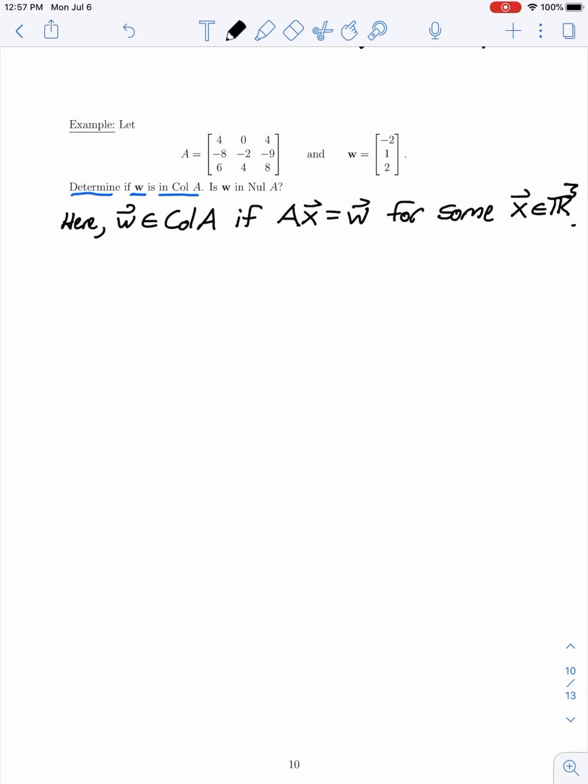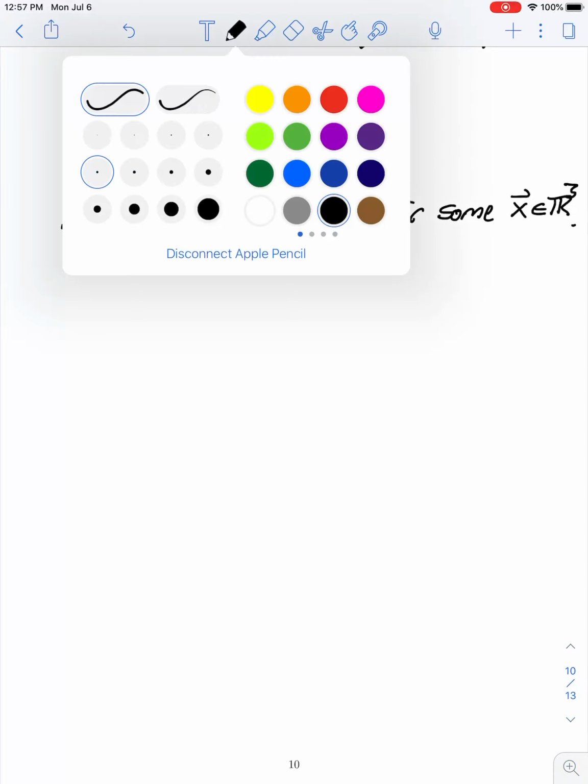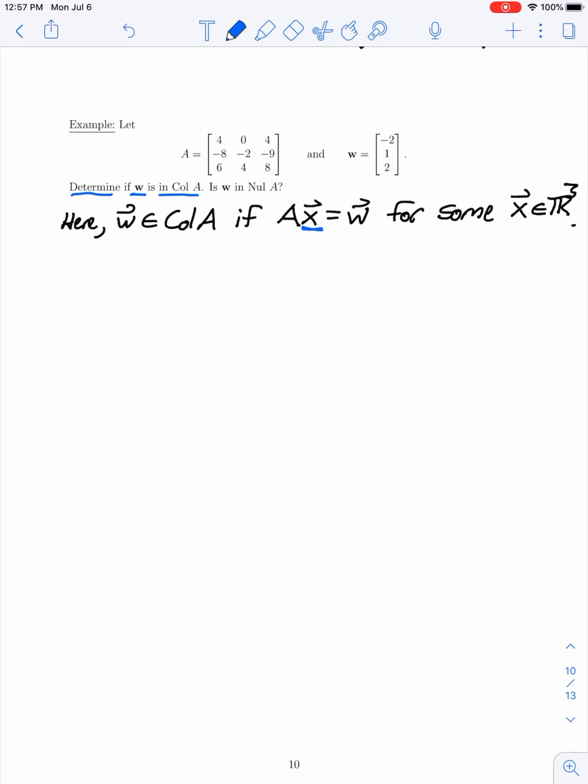That is, if I'm able to take a linear combination of the column vectors of A, where the weights are given by the elements of this vector x, and that's equal to the vector W, then that means W is in that column space. So in order to answer this question, we're seeing whether the matrix equation Ax equals W is consistent. So let's consider an augmented matrix for that equation.